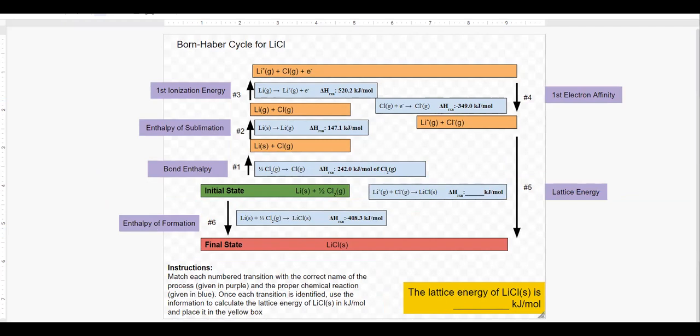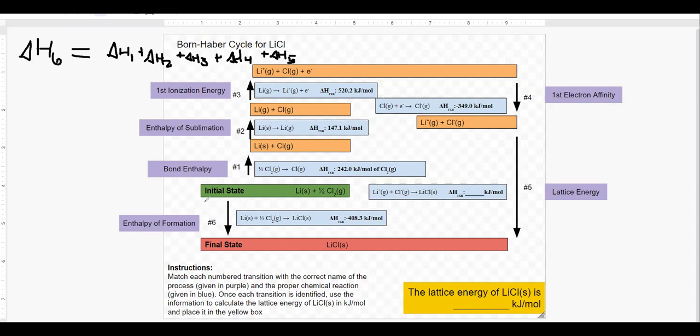And so now I'm going to try to convert these over. My relationship is going to be that the enthalpy change of step 6 is equal to the enthalpy change of step 1 plus the enthalpy change of step 2 plus the enthalpy change of step 3 plus the enthalpy change of step 4 plus the enthalpy change of step 5.